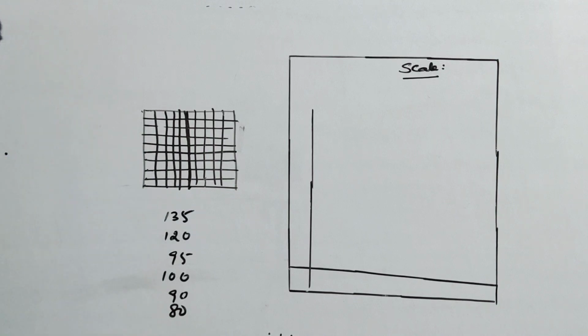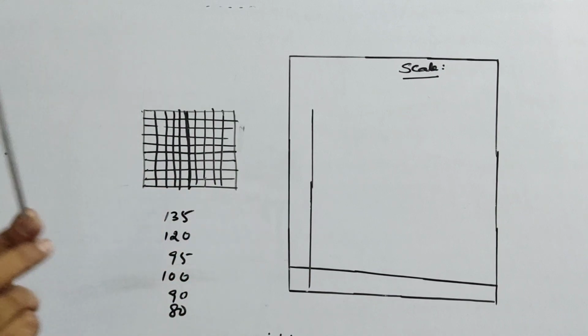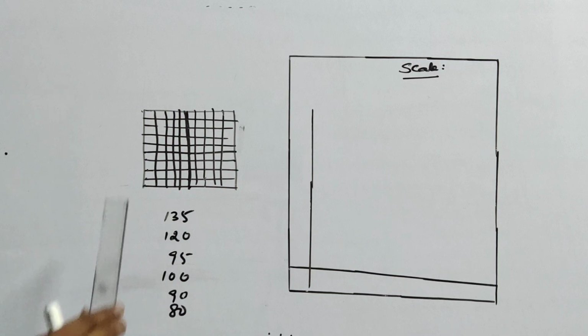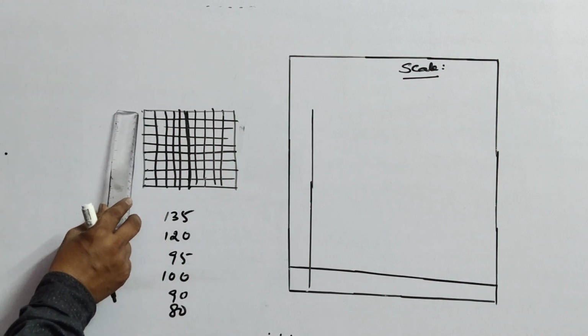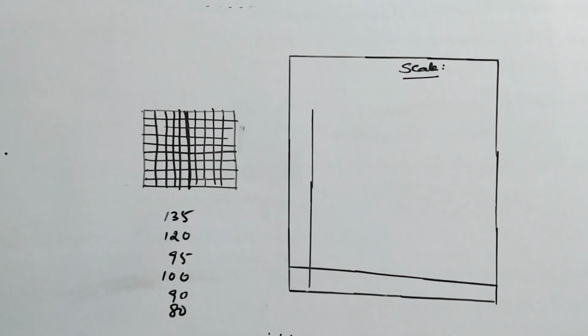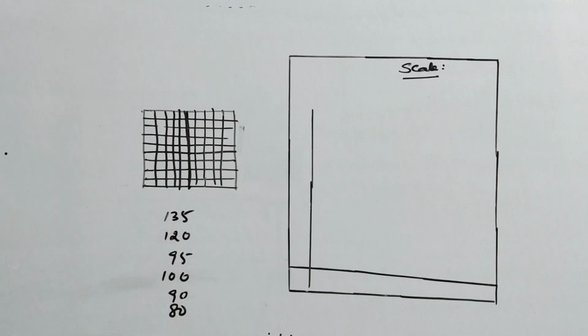If you observe, the block I have drawn is 1 centimeter. If you take a scale and check the block, it will be exactly 1 centimeter. But here they will not give you 135 centimeters or 120 centimeters.